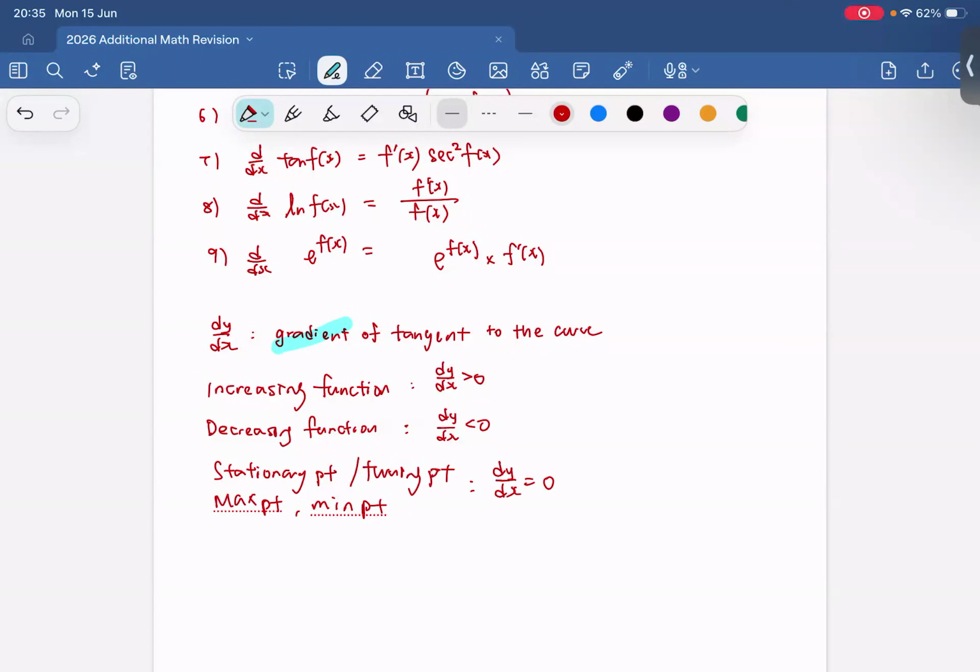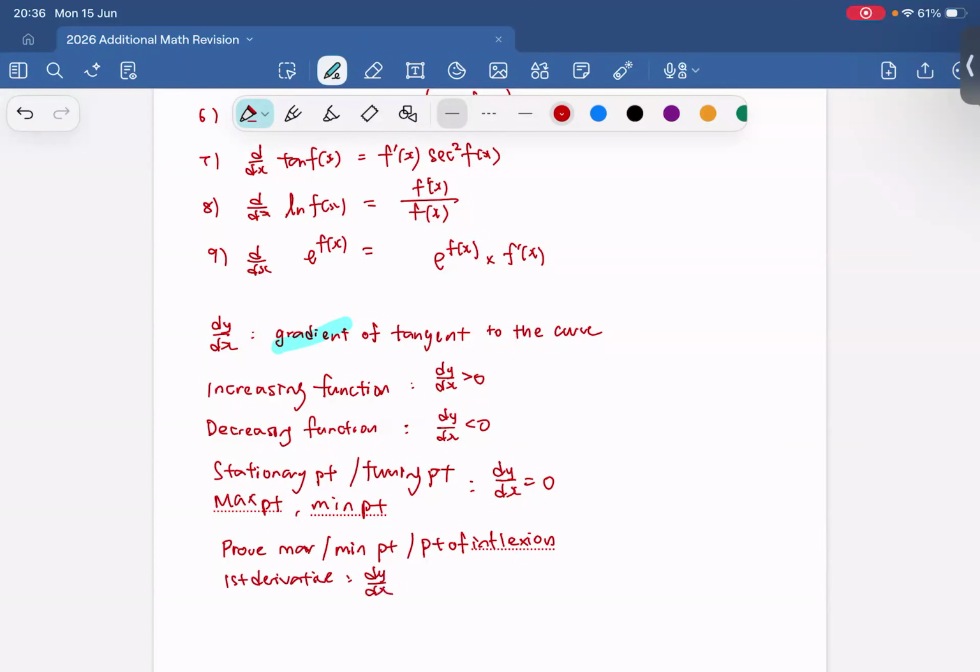Next you have your proof of maximum, minimum or point of inflection. You have two ways to test. One is your first derivative test. The first derivative represents your dy/dx.